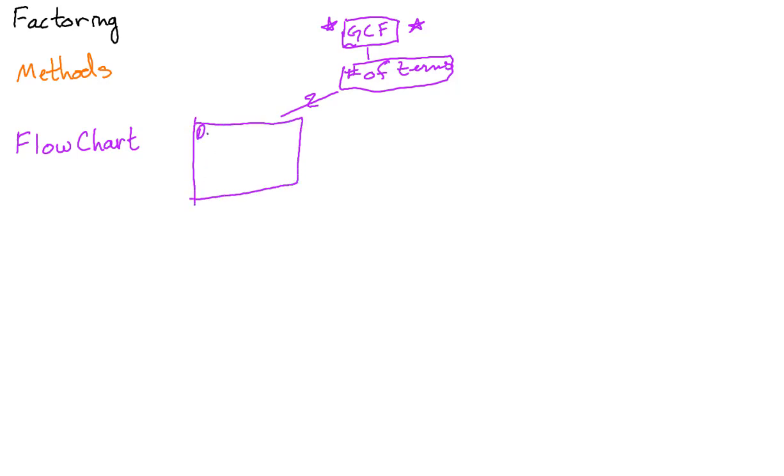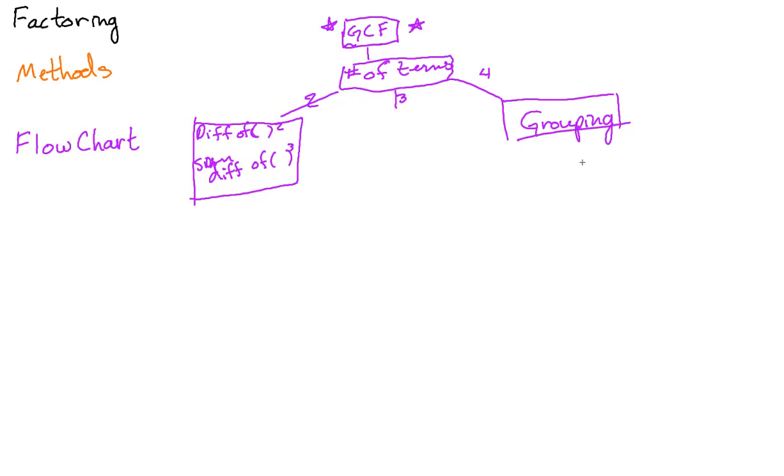You have a difference of squares, or you could have a sum or difference of cubes. That's really it, right there. Now, if you have 3 of them, let's do that one last. If you have 4 of them, then you're going to do the AC method. You're going to do what's called grouping. Okay, so that's breaking it up.